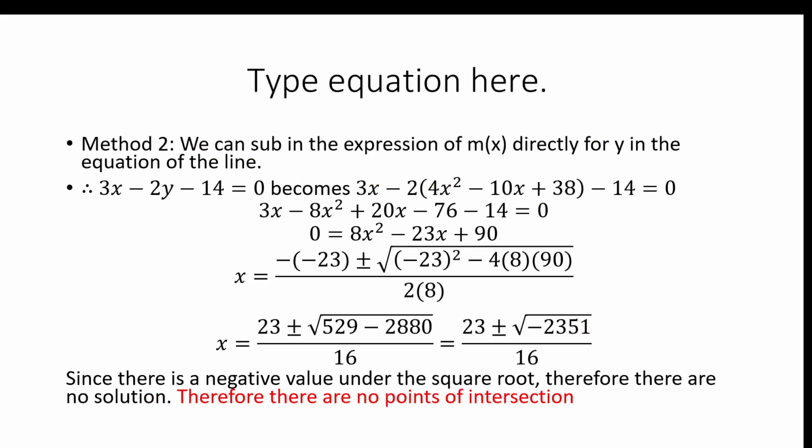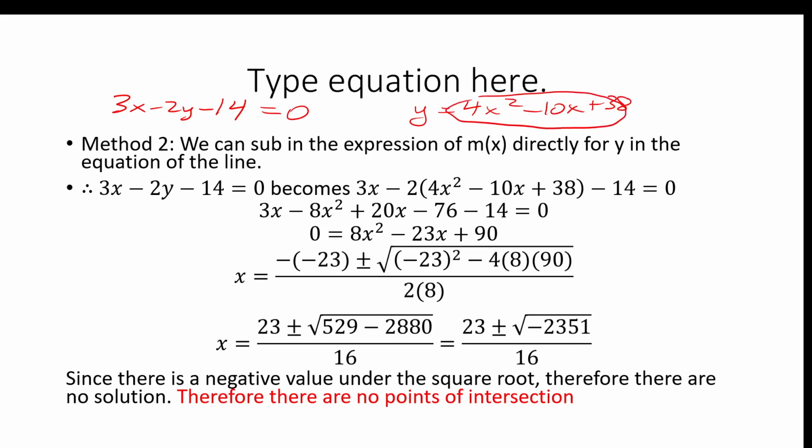Now, another way we could have done the exact same question would have been to take the value of y as a function of x and sub it directly in for the value of y in the line. So if you go back a while ago, we said the second function was 3x minus 2y minus 14 equals 0. And the first function was y equals 4x squared minus 10x plus 38. So all we're doing here is we're taking this expression for y and we're literally plugging it in right there.